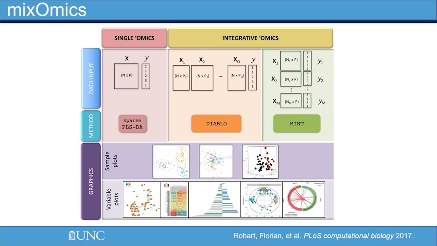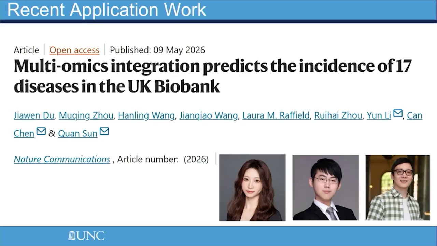of the mixOmics package called DIABLO, but they have both the sparse canonical correlation based and also sparse partial least squares discriminant analysis based. So they have several different implementations. So we actually, like I said, the second piece is also application work.